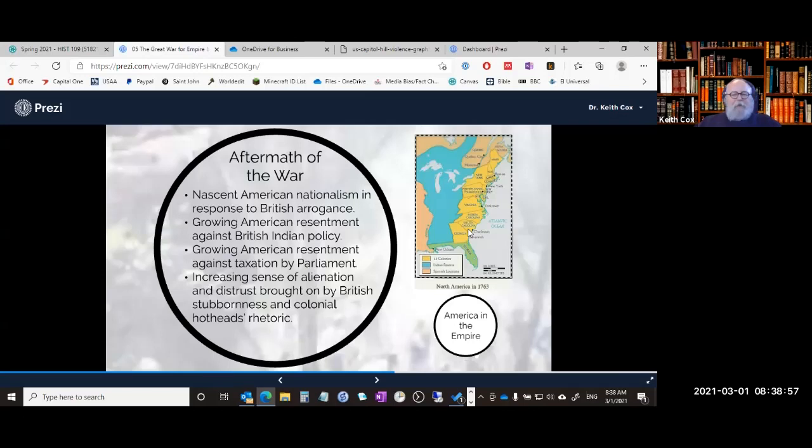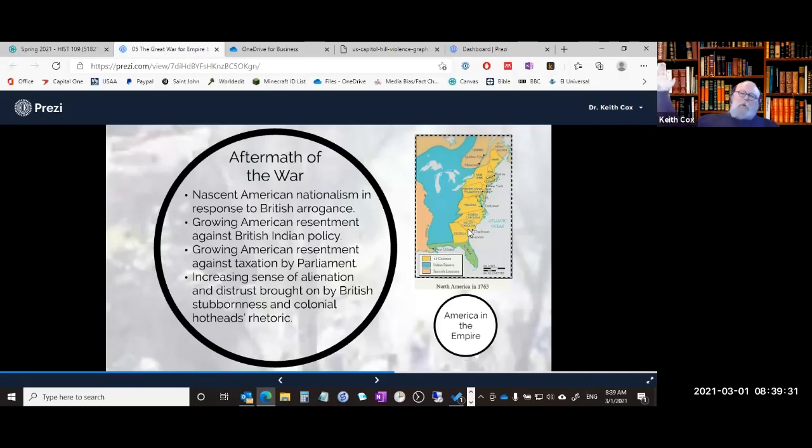So if I now think of myself as different from you, I can imagine myself being independent from you, can't I? But if I'm the same as you, then the idea of independence is ridiculous. You follow what I'm saying? So this arrogance leads to this nascent nationalism called Creole patriotism that will give Americans a minimum sense of unity.